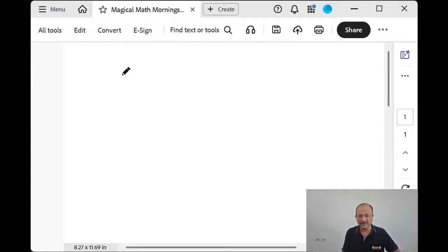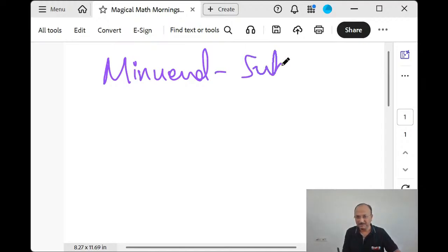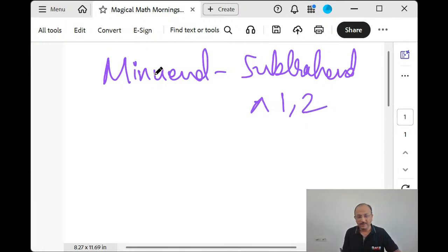So always remember, the main number is called the minuend, and this is called the subtrahend. If the subtrahend is more by 1 or 2 than the round number, what we are going to do? We will reduce 1 or 2.